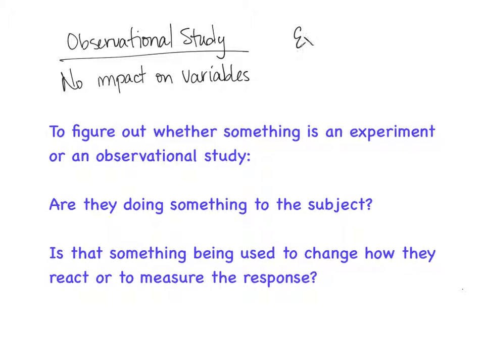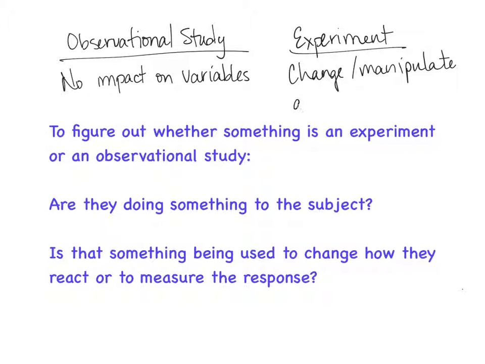In an experiment, we do have an impact on the variables. So we change or manipulate a variable. And this is what we call imposing a treatment.